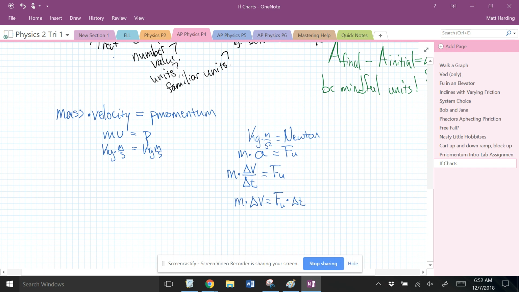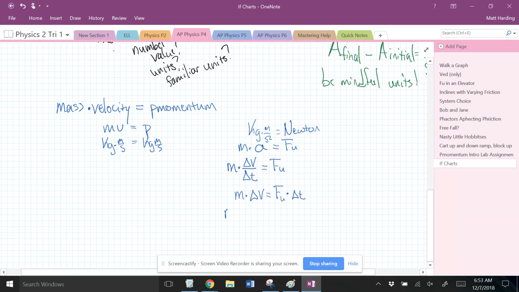The result makes sense. If I apply an unbalanced force to an object for a period of time, the mass is going to have a change in velocity. The greater the time interval I apply that force, the greater the change in velocity. Or if I increase the force and don't change the time interval, I'm still going to get a bigger change in velocity.